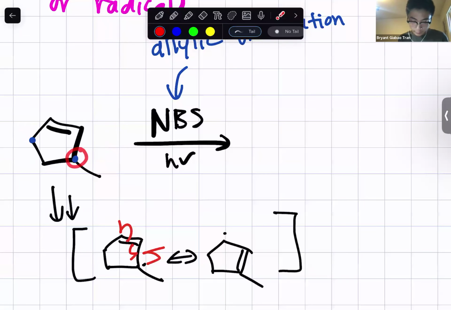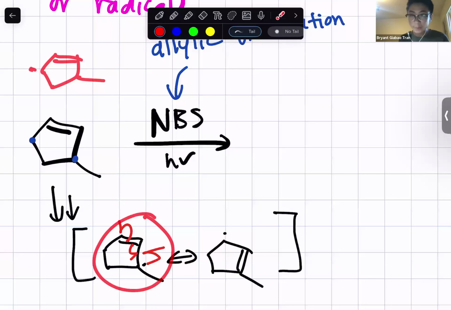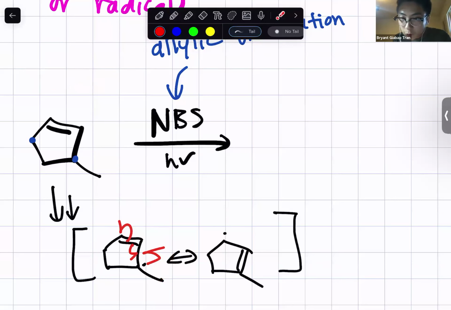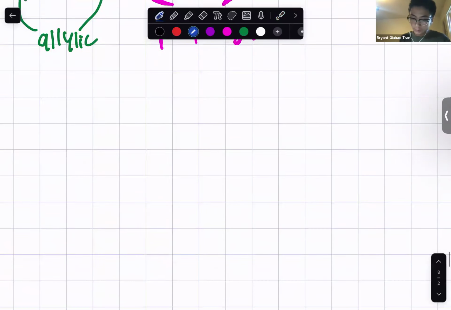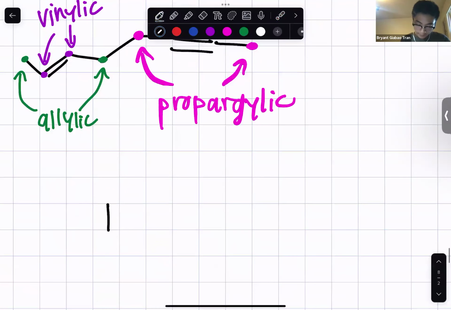We know that this one here will give us the more stable allylic radical because it is more substituted, which is why I drew out that allylic radical instead of this allylic radical here, because that is less stable than this, right? Allylic only refers to one carbon away from a double bond.